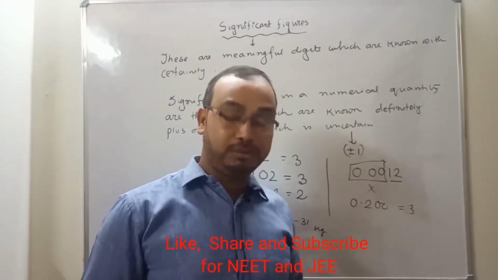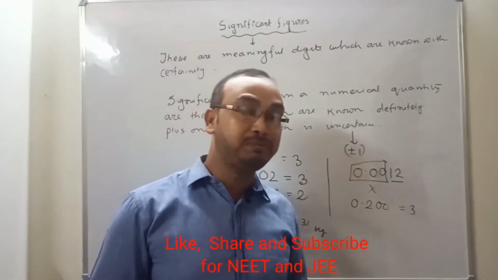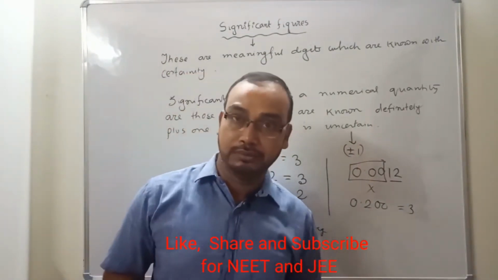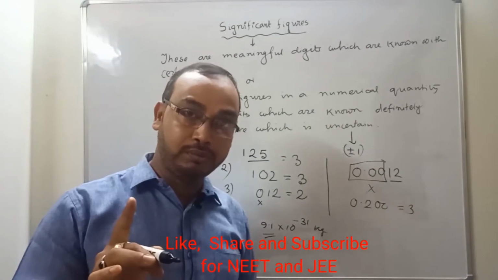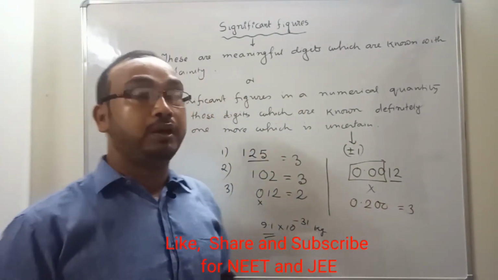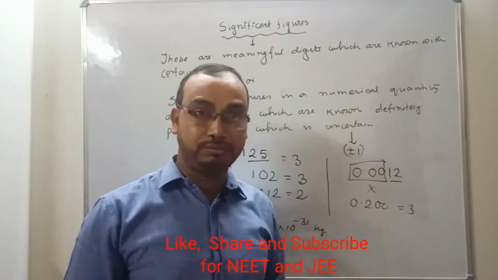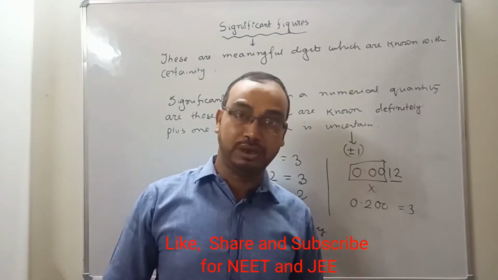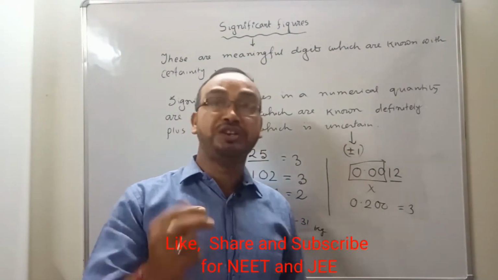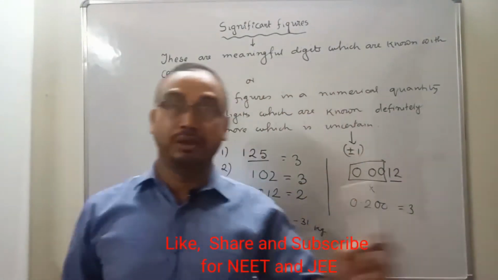Last point, if an exact number is there. Exact number means, say 1 dozen pens, 1 dozen means 12, not 13 or 11. Or 1 inch of a rod, 1 inch means 1 inch, and 1.5 would be 0.5 inch more. 20 balls means 20, not 21 balls, not 19 balls.